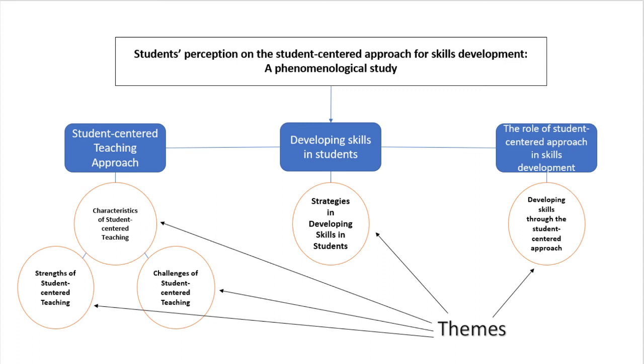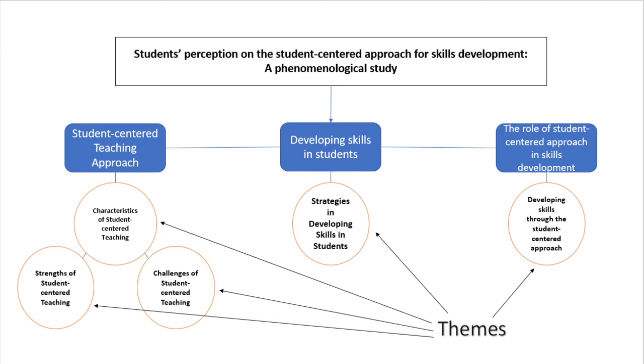Now, underneath the three elements, you now find your themes. As I said earlier, I'll tell you how these themes were developed. As you can see, under student-centered teaching approach, you have three circles. One has characteristics of student-centered teaching. The other one has strengths of student-centered teaching.